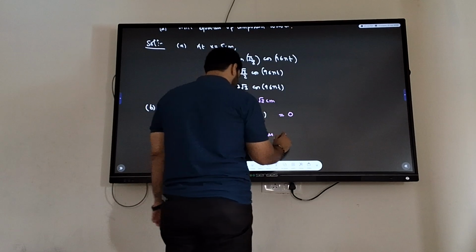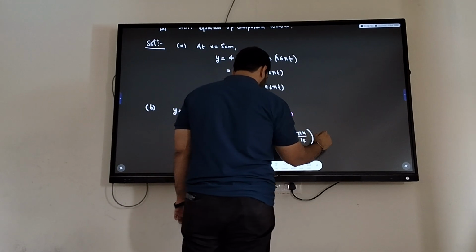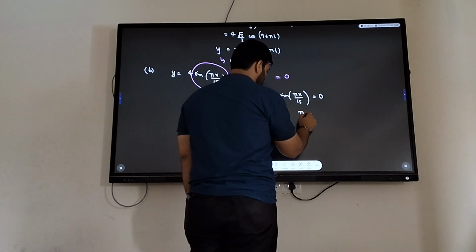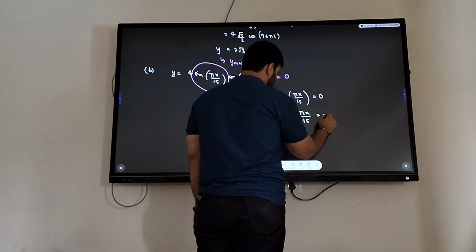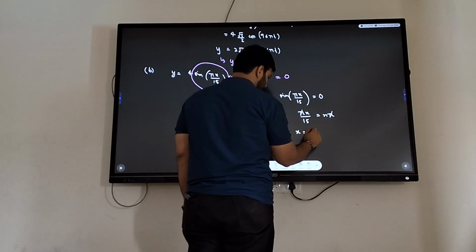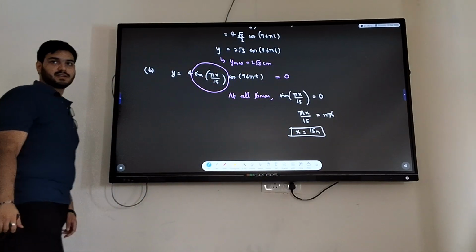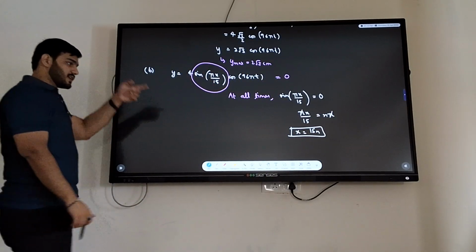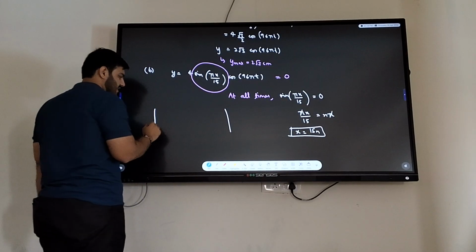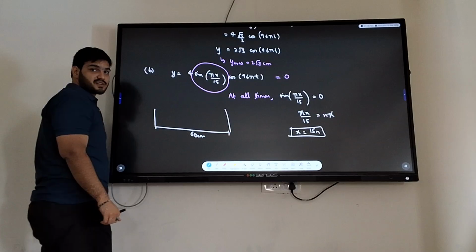what is this? sin of pi x by 15 is equal to 0, that means when will this occur? n pi. pi x by 15 equal to n pi, तो ये pi pi, बेटा, तो फिर x क्या हो जाएगा? 15 n, 15 के इंटरवल्स में. And then what can the n value take? यहाँ से यहाँ तक ये वेव बन सकता है, 60 सेंटीमीटर का ये मेरा स्ट्रिंग दिया हुआ है.